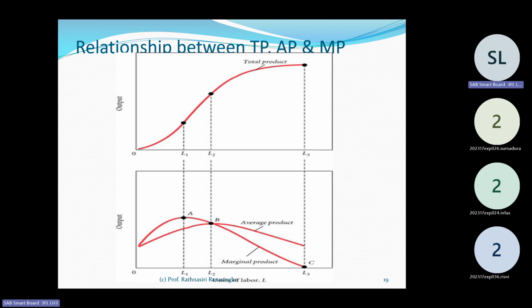Even though it is declining, the marginal productivity is still positive until zero, but thereafter marginal productivity is negative.